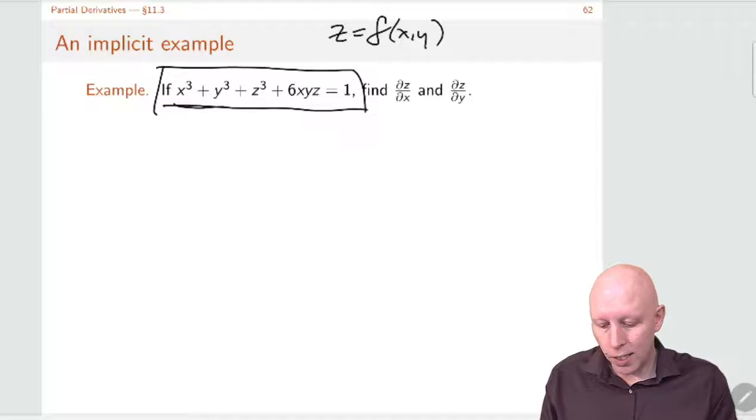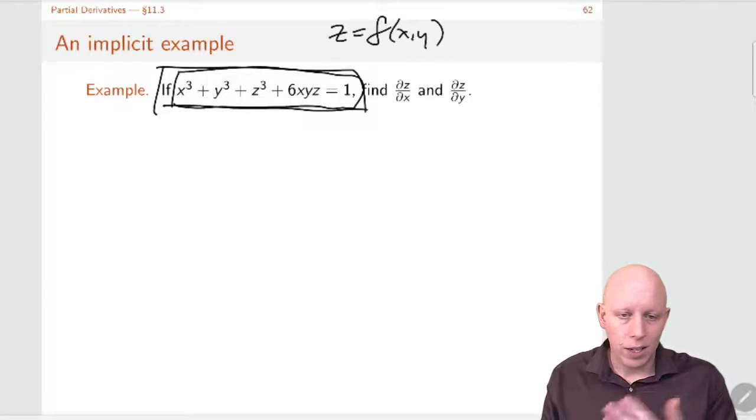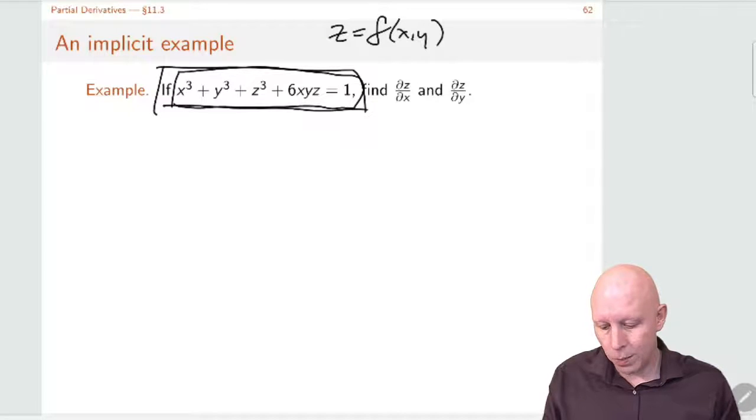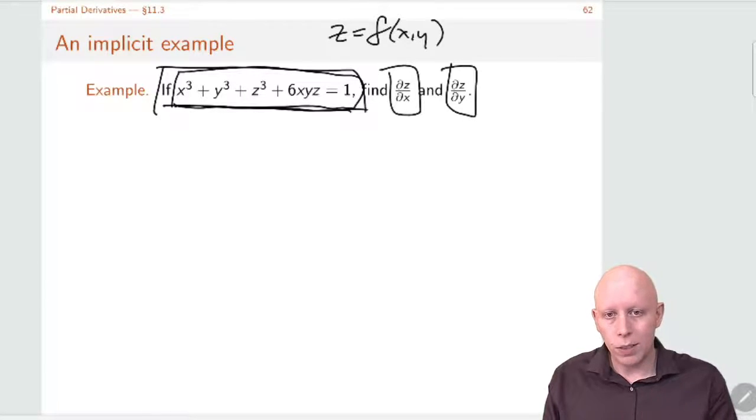Instead, this is an equation that implicitly defines the surface that we have here. So if we have a surface that's defined implicitly, let's see what happens if we try to find the partial derivative of z with respect to x, and the partial derivative of z with respect to y.